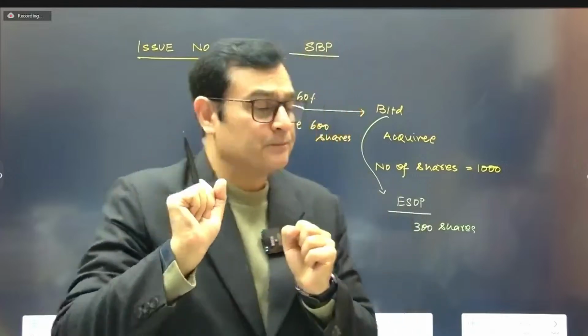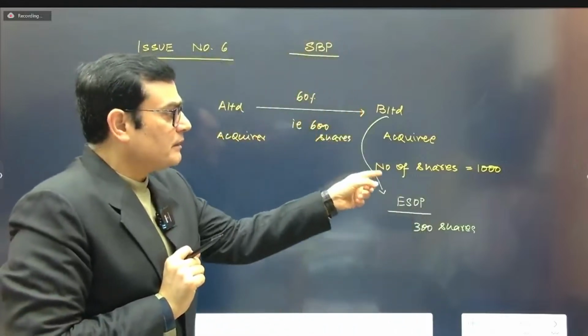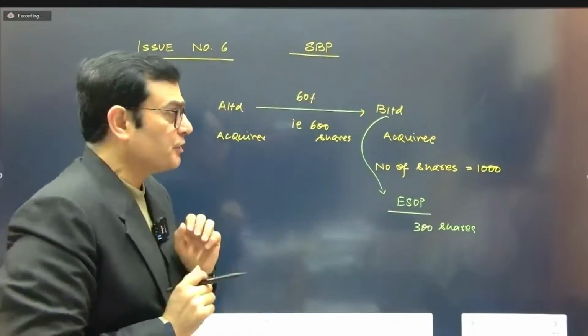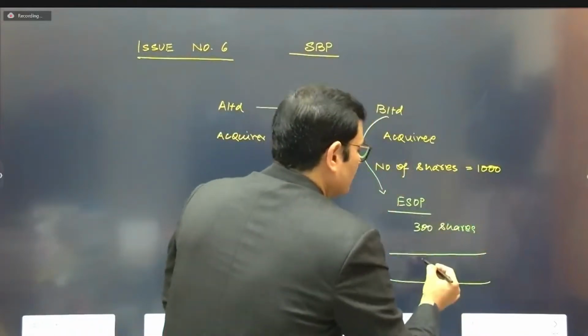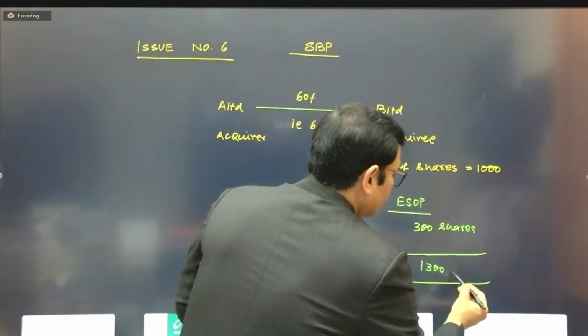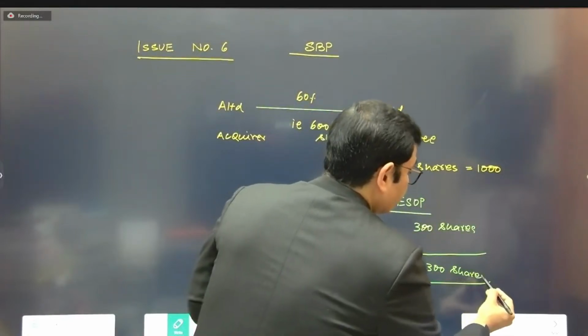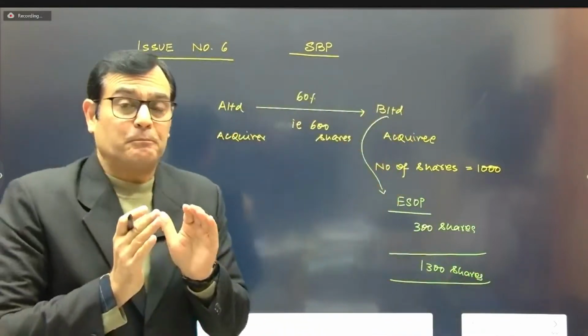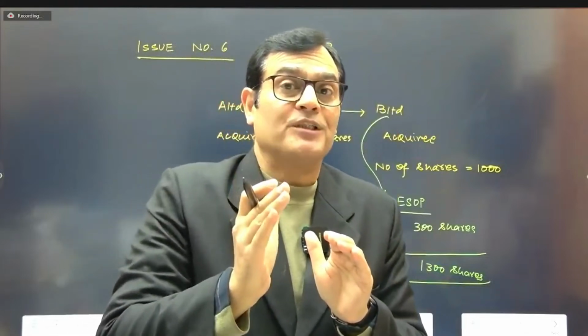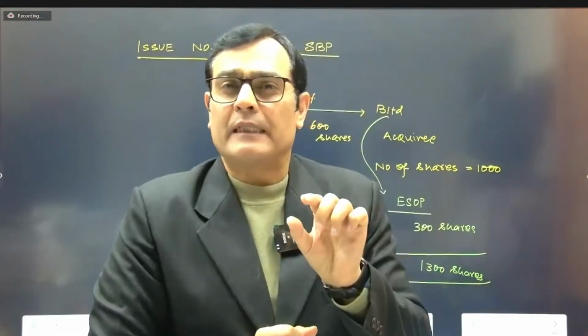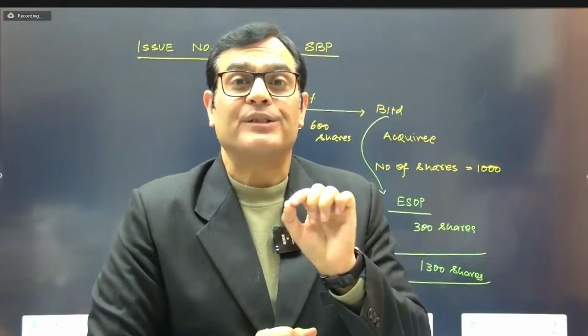Now, just imagine, once B Limited issues these 300 shares, the total number of shares is going to be 1,000 plus 300. That makes a total of 1,300 shares. So once B Limited issues the 300 shares to the employees of B, the total share capital of B is going to work out at 1,300.